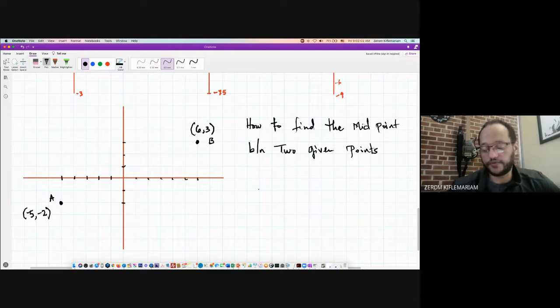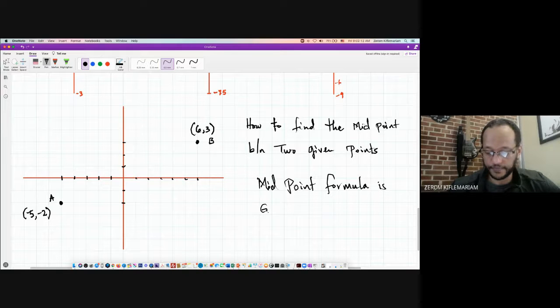So the midpoint formula is given by x1 plus x2 divided by 2, comma, y1 plus y2 divided by 2.